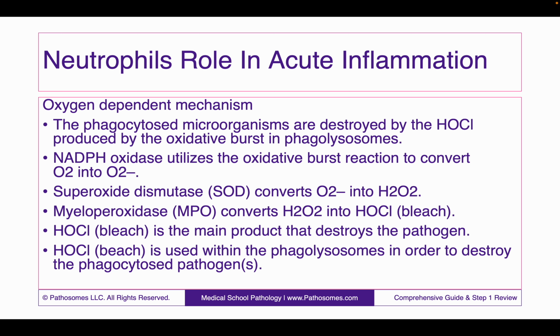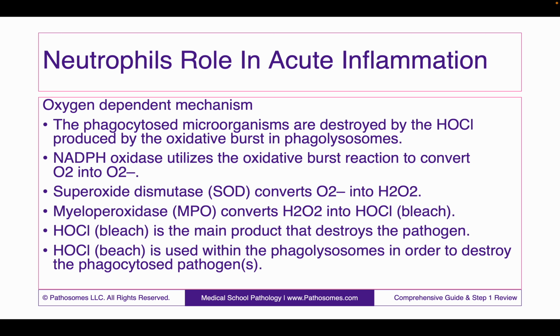NADPH oxidase utilizes the oxidative burst reaction to convert O2 into O2 minus. Superoxide dismutase, what a cool name. Superoxide dismutase converts O2 minus into H2O2.